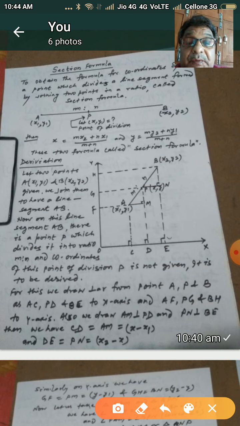But before solving questions related to this, we will derive this formula and see how it comes.